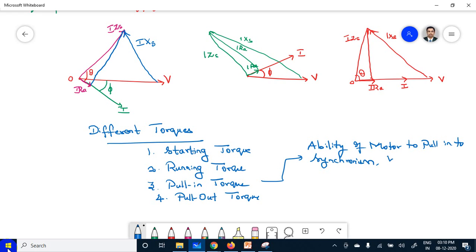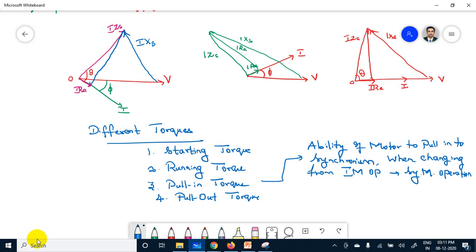When changing from induction motor operation to synchronous motor operation, this is known as pull-in torque.